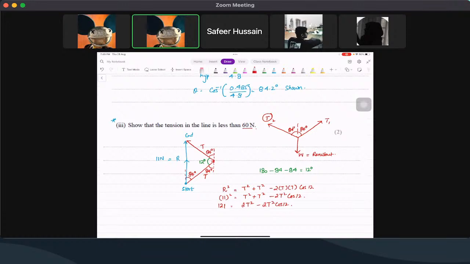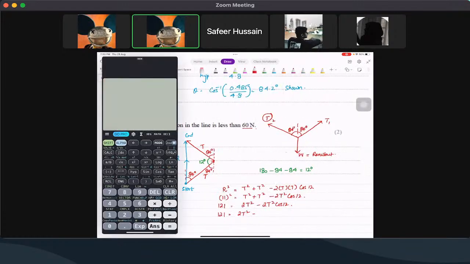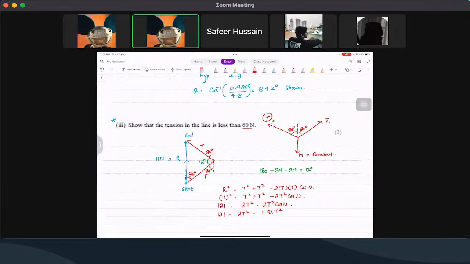Now, if I find the values, this will be 2t squared minus 2 times cos of 12 times t squared, which is going to be 1.96 t squared. Is it clear, everybody? Yes, sir.